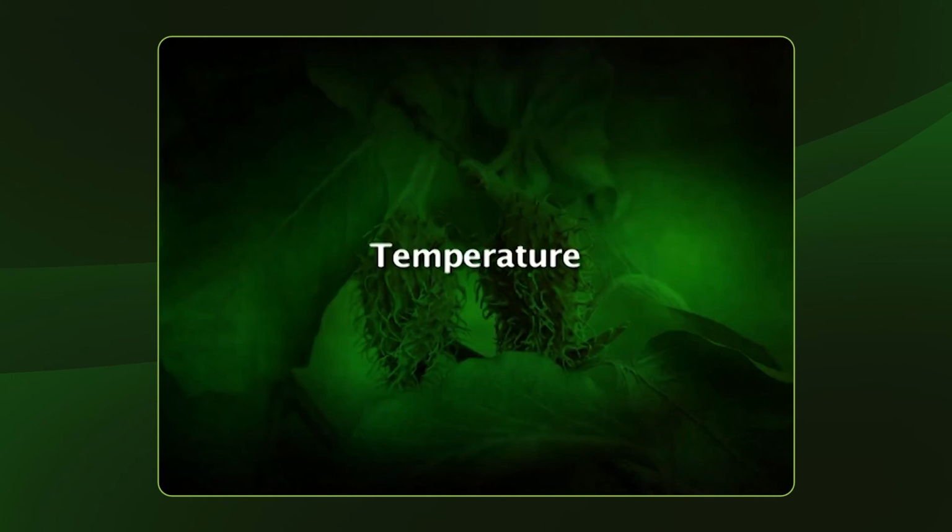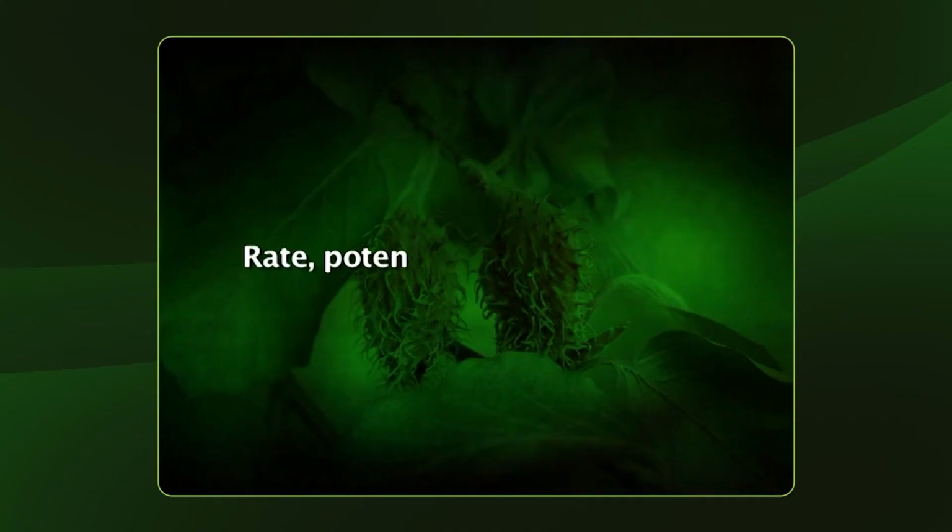Next factor is temperature. Temperature has a profound influence on rate, potential, and onset of germination. Different temperature regimes may moderate the effect of water on seed germination. There is a specific soil temperature for each plant species at which the germination percentage is highest and time of emergence from the seed is lowest.